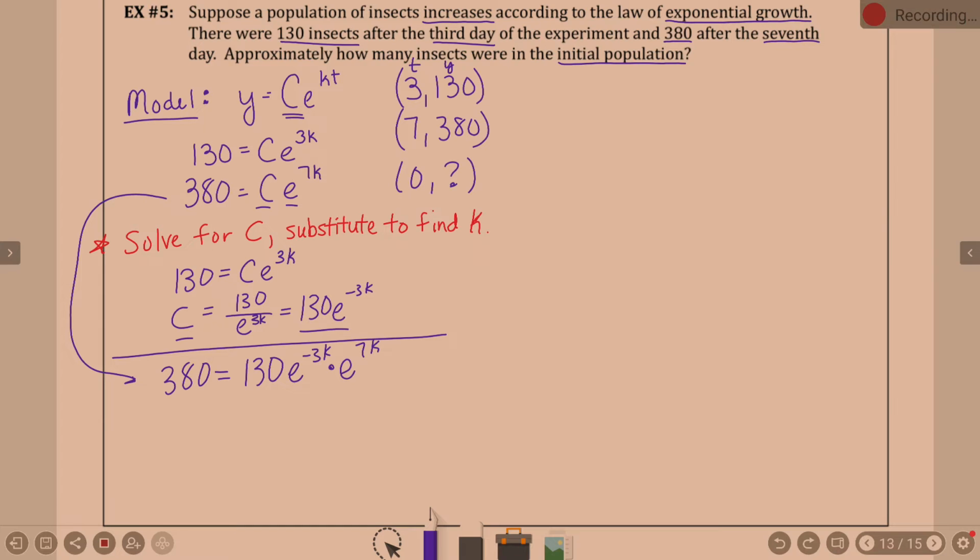You add them? Okay, the bases are the same on the e, so yes, you can add your exponents. So then I have 380 equals 130 e to the 4k.